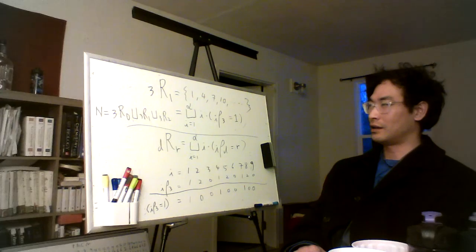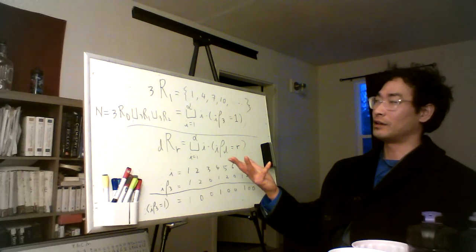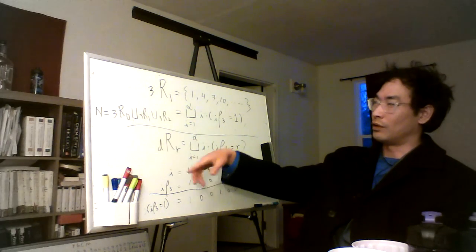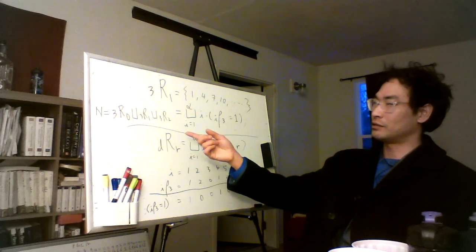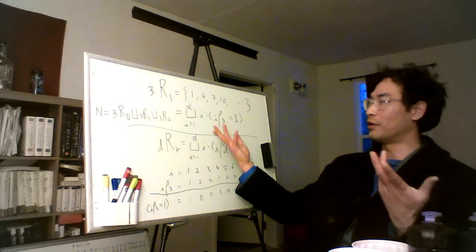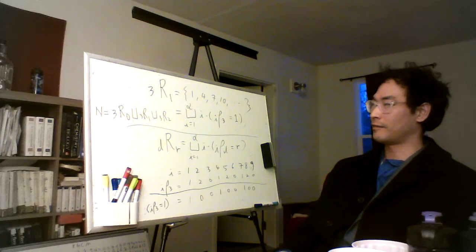Numbers that when divided by three have remainder zero, numbers that when divided by three have remainder one, and numbers that when divided by three have remainder two.